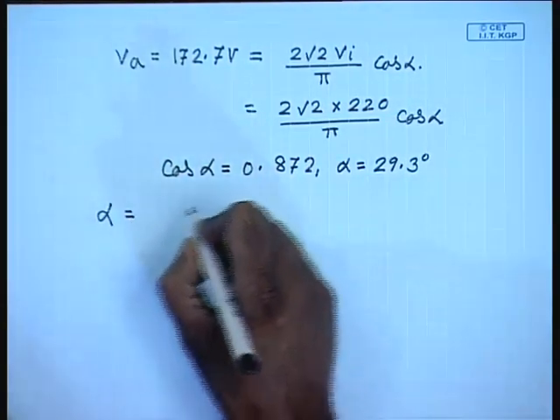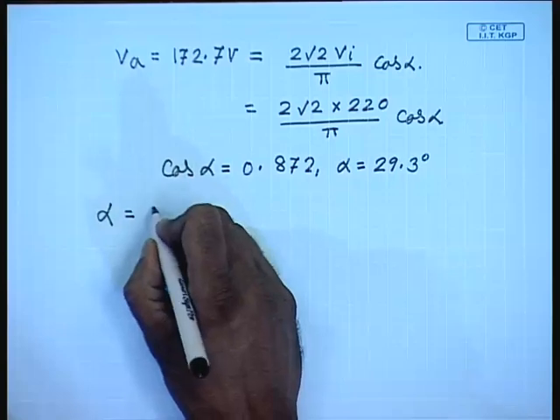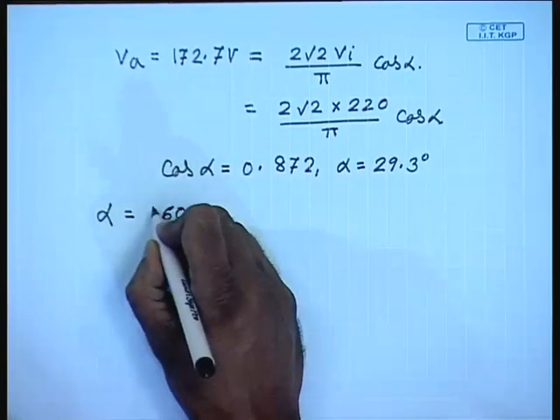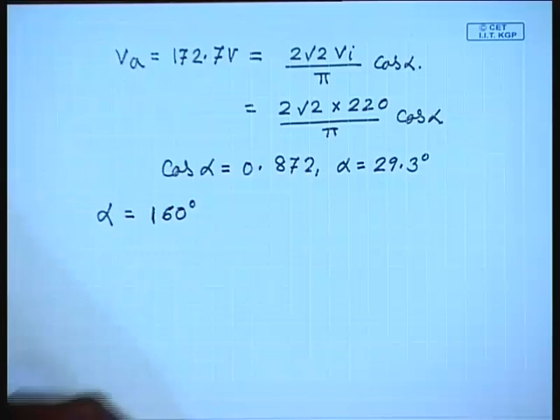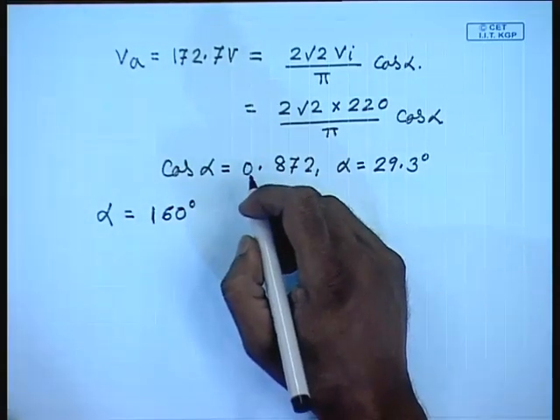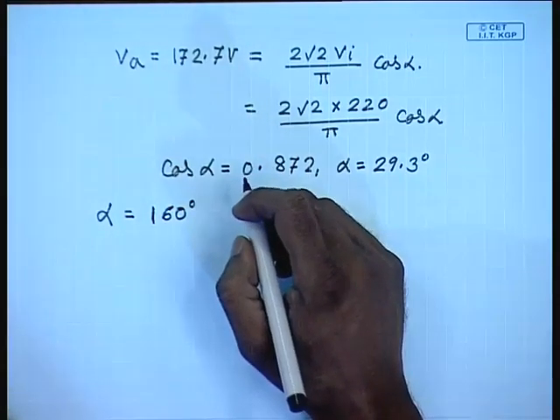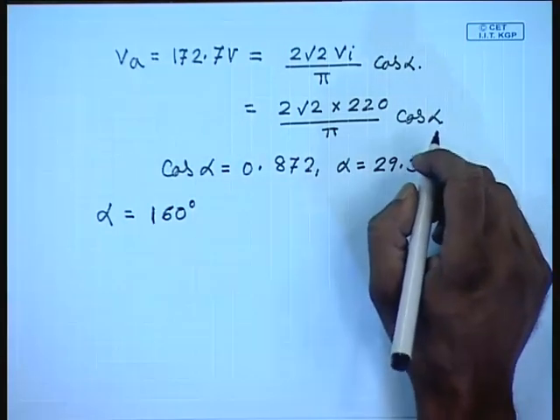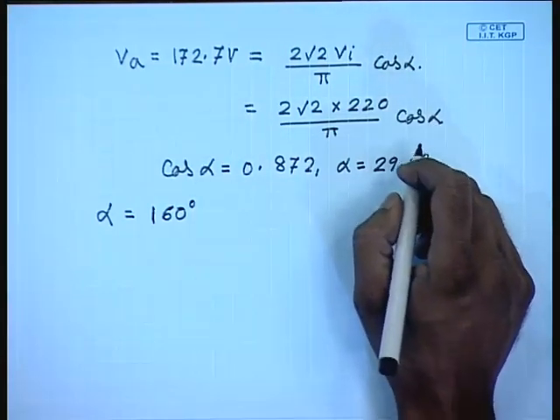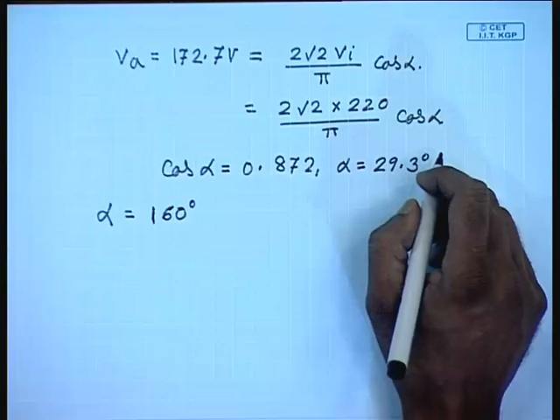Now, looked at the other way, let us say we have increased this alpha to 160 degree, but it is still developing rated torque. So, what will be the motor speed in that case?